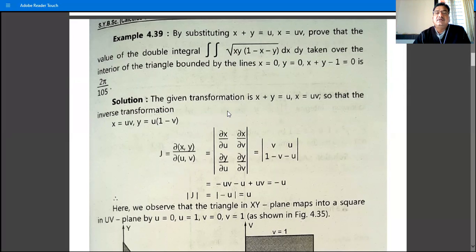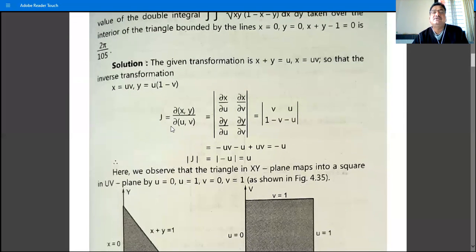So first find the Jacobian. x plus y is u and x is u into v. So x and y in terms of u and v: solve these two equations for x and y. x is u into v, y is u in bracket 1 minus v, and then find the Jacobian, del(x,y) by del(u,v), which is del x by del u, del x by del v, del y by del u, del y by del v. The derivative of x with respect to u is v, and the derivative of x with respect to v is u.